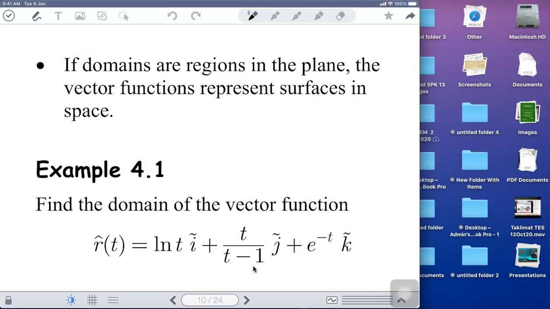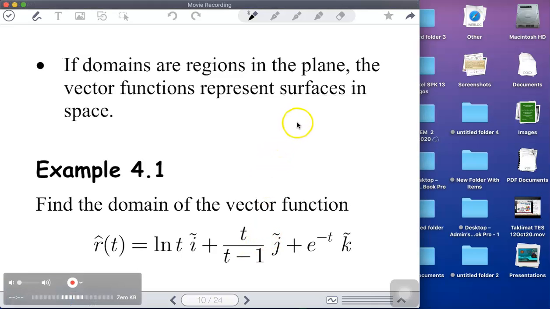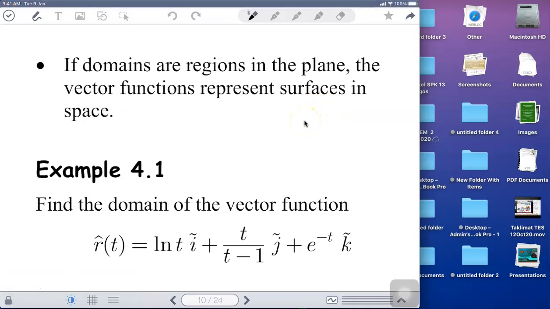So if your domain is a region in the plane, then your vector function represents surfaces in space. Meaning that you have r in terms of x, y.